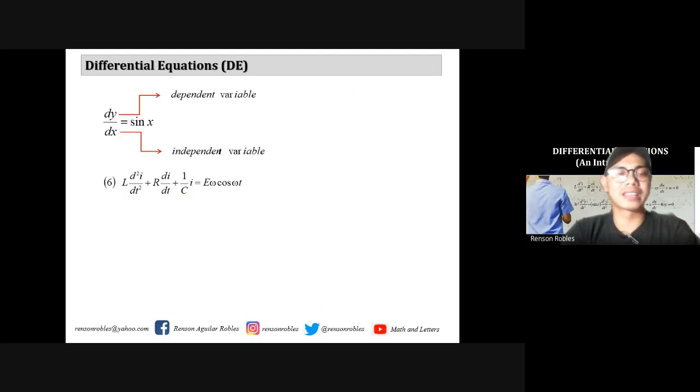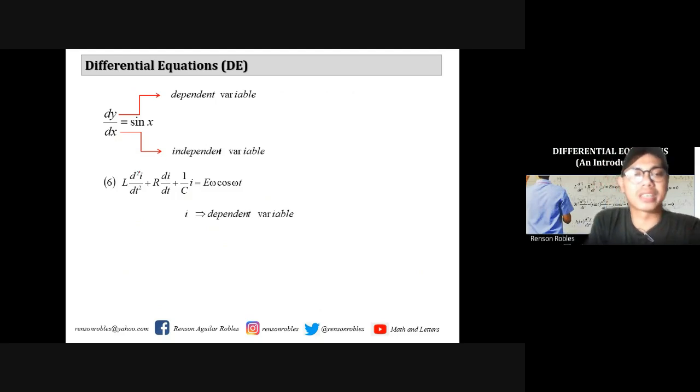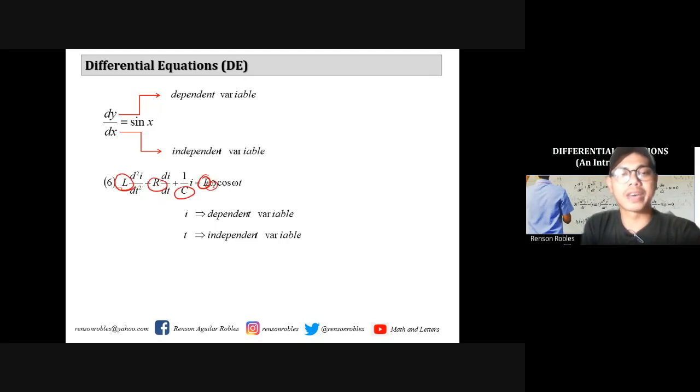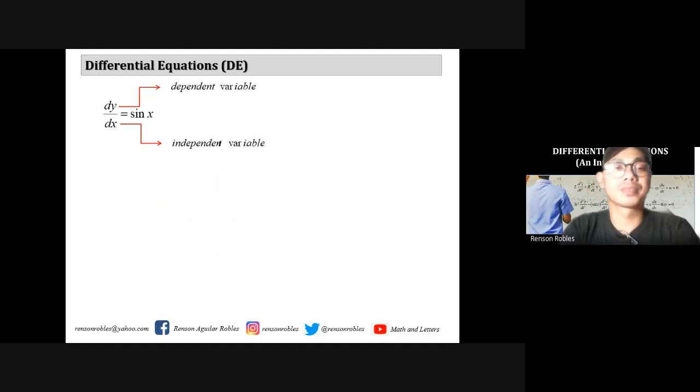We can see here that I is our dependent variable, and T is our independent variable. So what about L, R, C, E, omega? How are they called? They are called parameters. So L, R, C, E, and omega are called parameters. Another one.